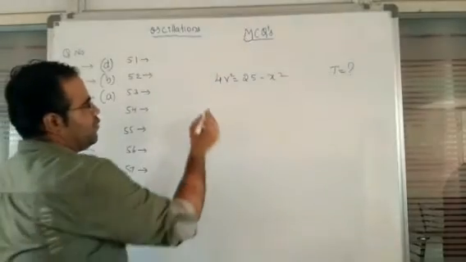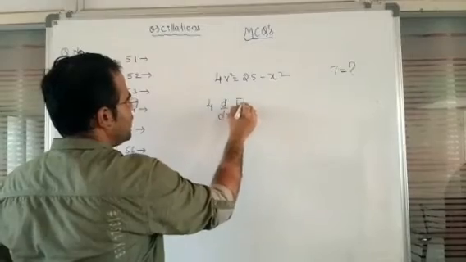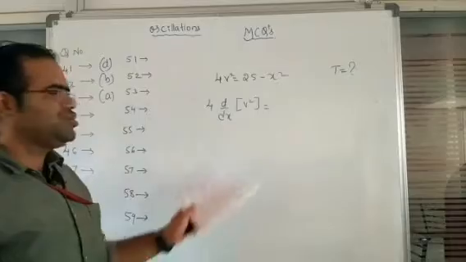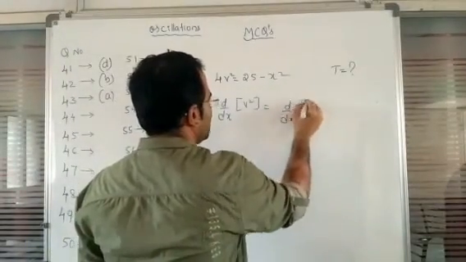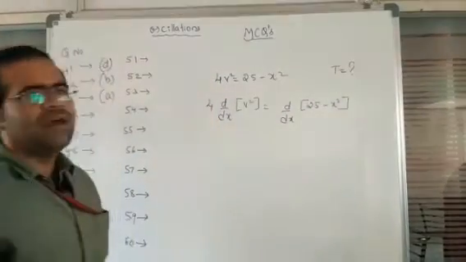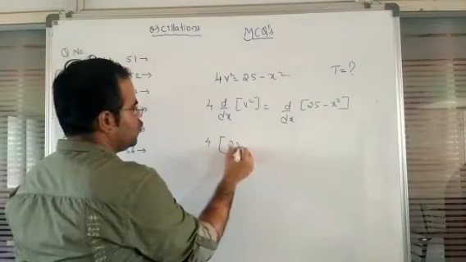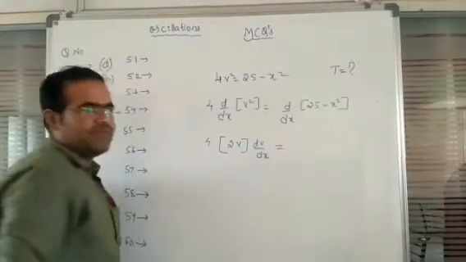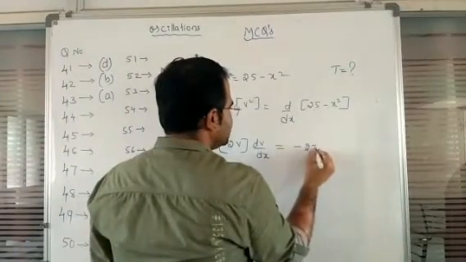In this one we will differentiate with respect to x. So 4 multiplied by the differentiation of v square is equal to the differentiation of 25 minus x square, on both sides. Now 4 is common, next 2v multiplied by dv divided by dx, and the differentiation of the right side gives minus 2x.